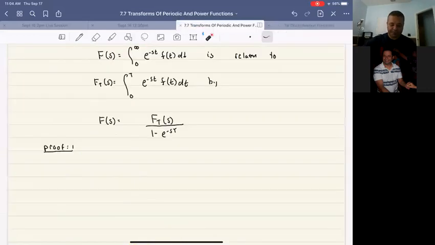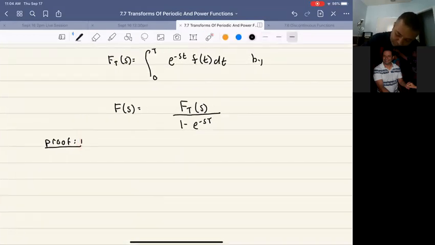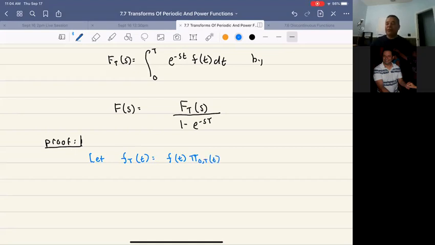Let f sub T of t equal f of t times the window function from 0 to T. Remember what the window function is: it's 1 between 0 and T and 0 everywhere else.